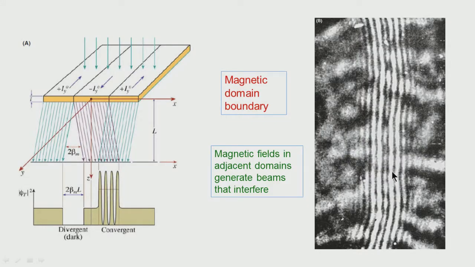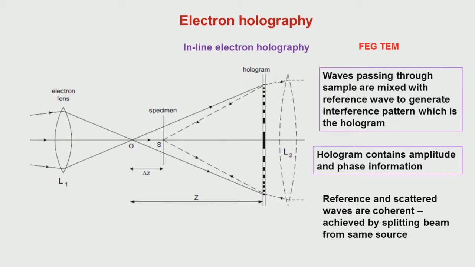This is the Fresnel biprism, with which also the domain boundary could be imaged. This is just an interference contrast. So, these are all the various ways in which we can get information about the magnetic domains.